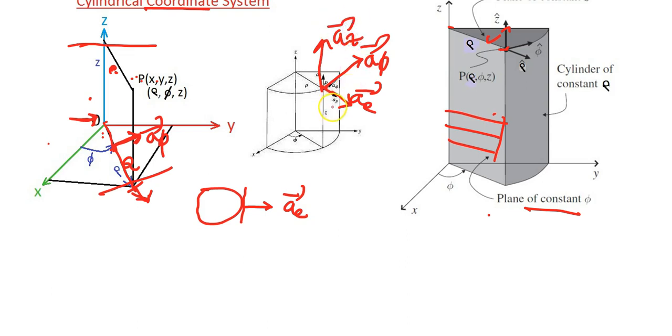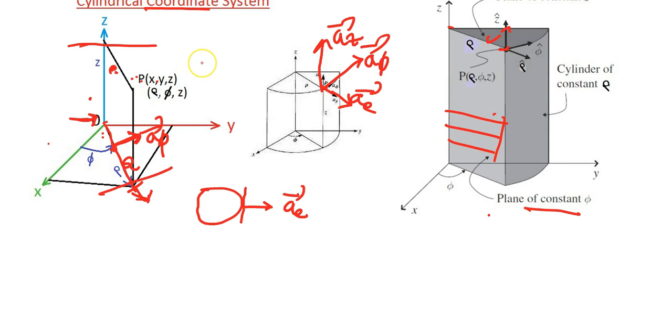They are mutually perpendicular. Also, these coordinate systems are right hand coordinate systems. That means when you place the thumb, index finger and middle finger of your right hand perpendicular to each other, it will definitely align with the rho, phi and z.